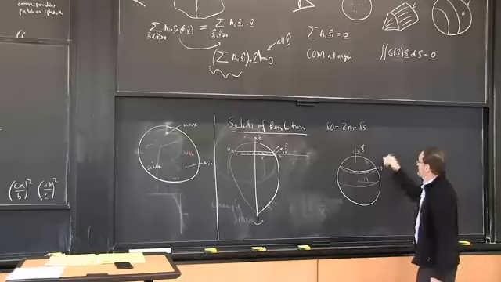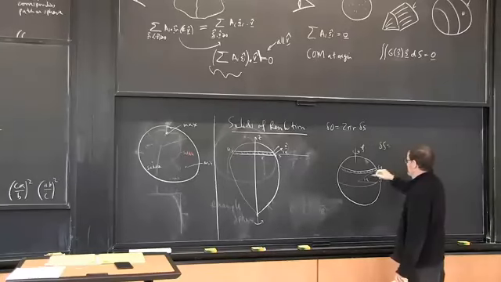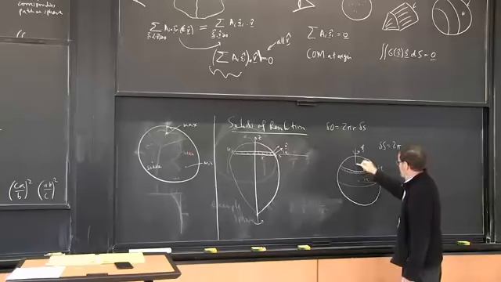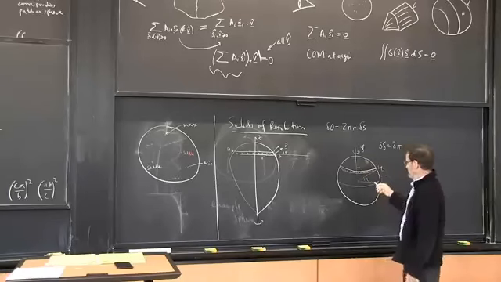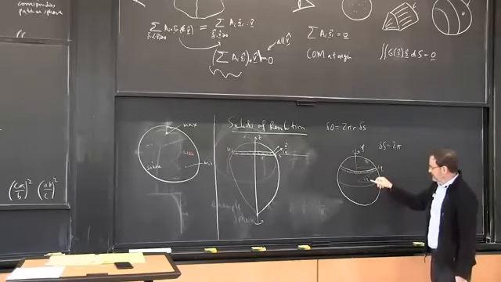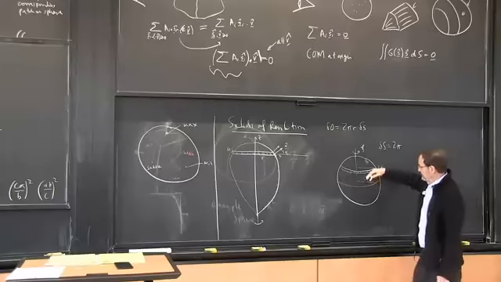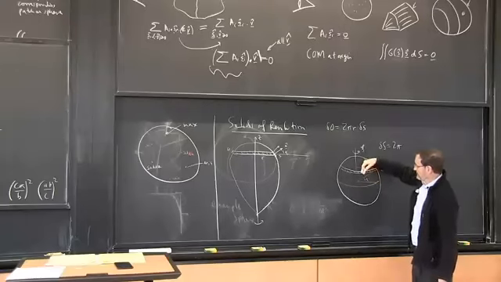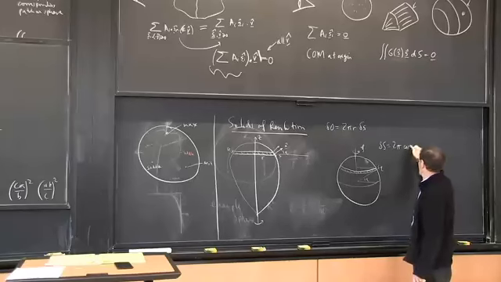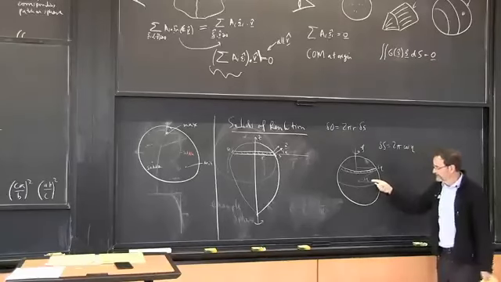Correspondingly over here we've got 2 pi, and what's r here? Well, it's dependent on the latitude. The higher I go, the smaller r is, and in fact it's the cosine of eta, right?